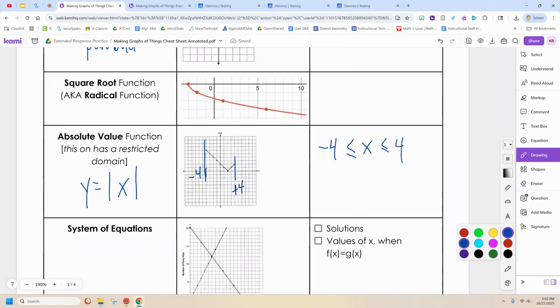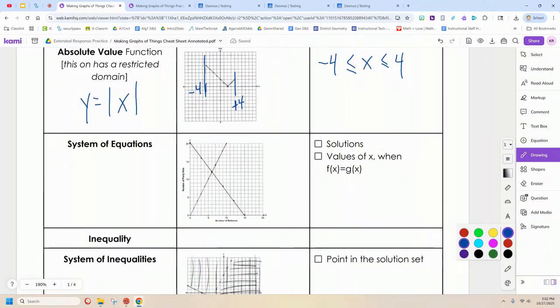We have an example. You could be asked to graph a system of equations, which just means you're graphing more than one equation. This one happens to be two linear equations, but you could also have a quadratic linear system, and then we have points of intersection.